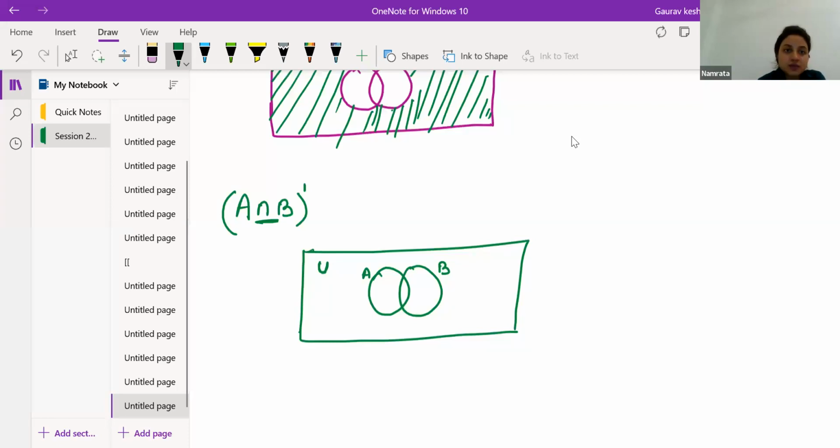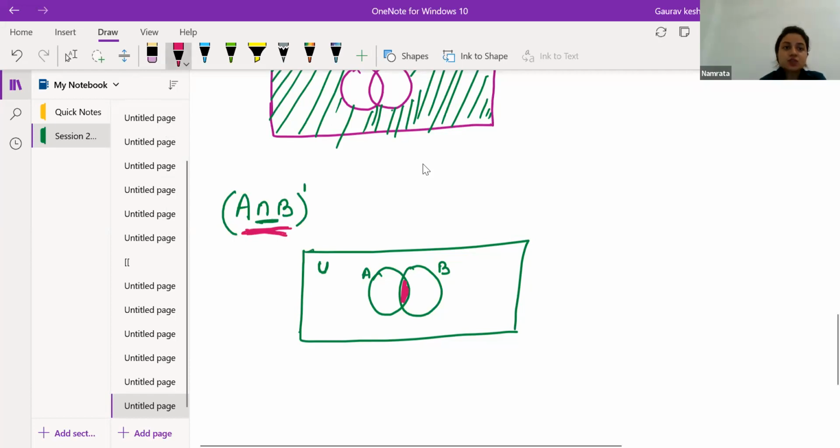Let me mark it. This is A intersection B. And A intersection B complement means what? Everything from the universal set except this one, right? So except this red part, everything will be there in A intersection B complement, right?